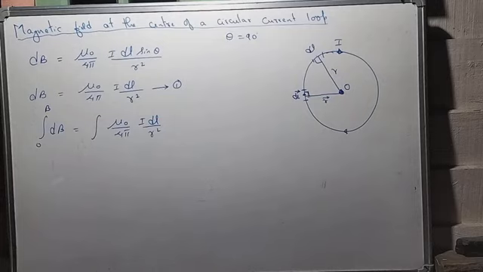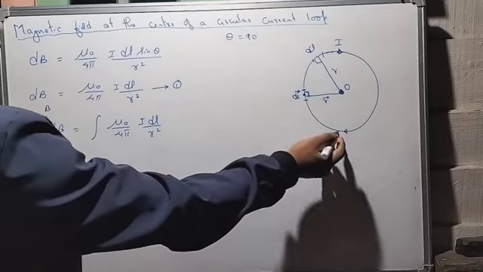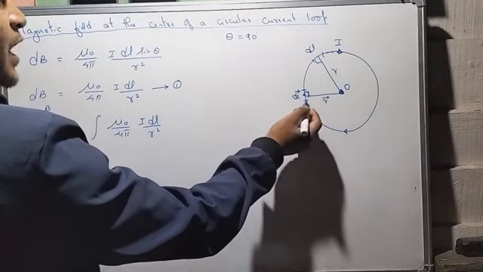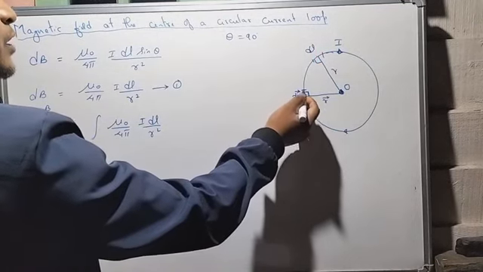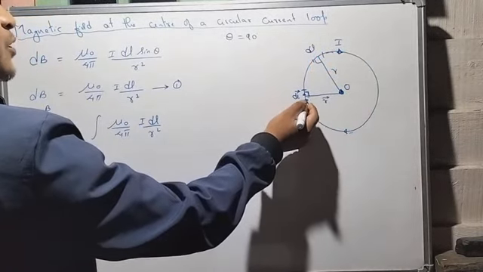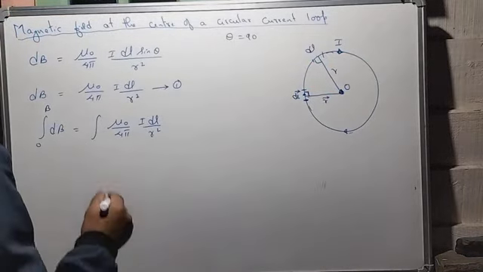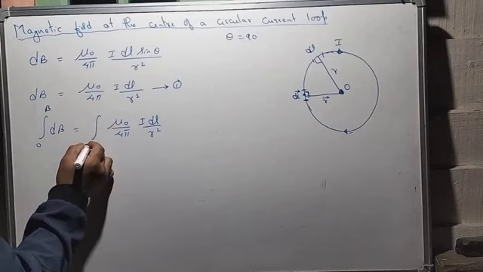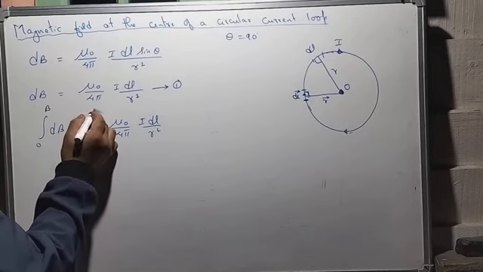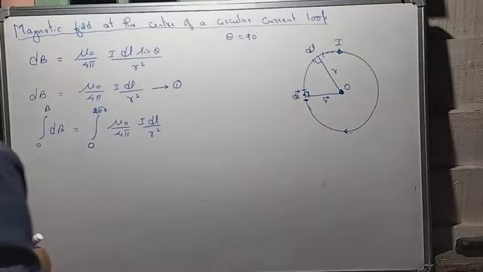And the limits of integration in this case are for the circumference, because you start from this point and go along the circumference in this way. The small dl is taken along the circumference. So the limits of integration for the right hand side should vary from 0 till 2 pi r, because we know the circumference of a circle is 2 pi r.